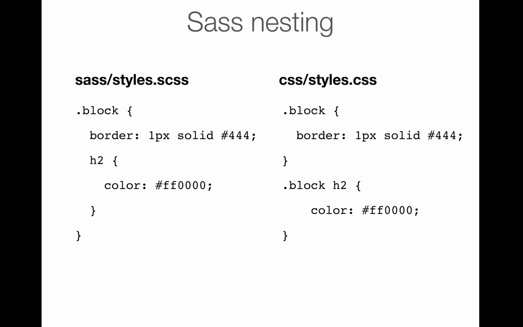But on the left is this same bit of code, but written with the Sass syntax. And here you see that we can actually nest the heading inside of the div, inside of the block. And so this just helps you see the hierarchy of your HTML inside of your CSS.